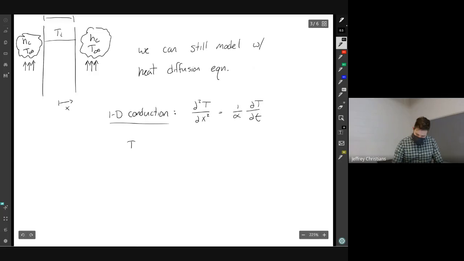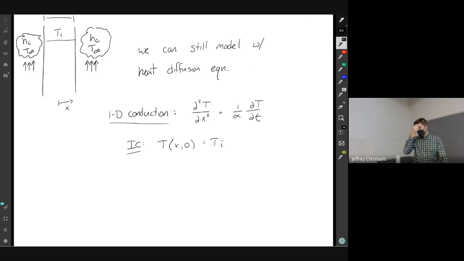Our initial condition, and this should look really familiar from the homework, hopefully, would be T of x and 0 equals the initial temperature. So the temperature at any point is just the initial temperature, a flat initial temperature like I drew.